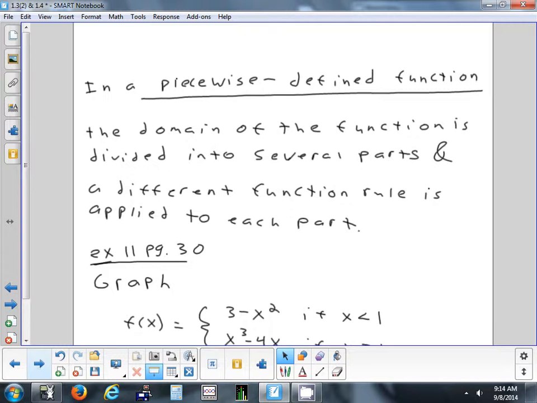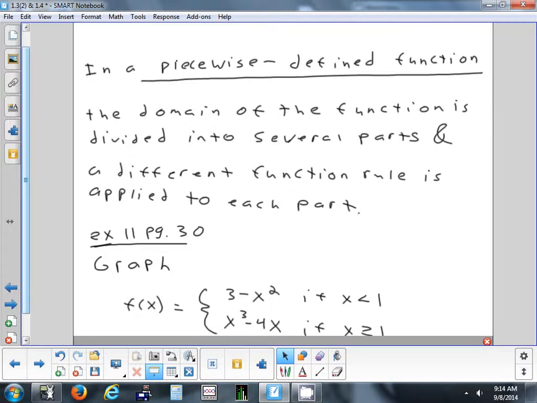Okay, here's an example. We're going to graph this one. I'll show you how to do it on the calculator. In this example, I want you to use the function 3 minus x squared to calculate y, but only if you're plugging in x less than 1. So for any x less than 1, you plug it into the top formula.